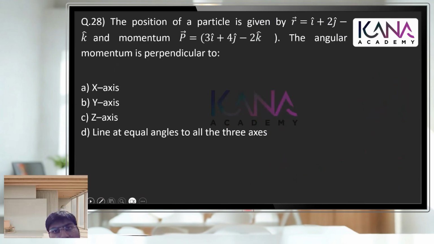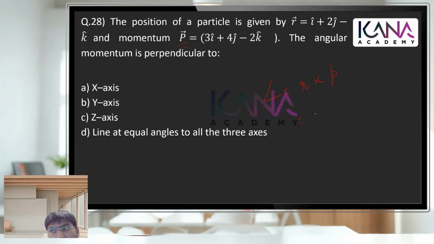Okay, the position of a particle is given by vector r, and the momentum p is given. The angular momentum is perpendicular to what? It's a vector-based question. If you have r and p, then L is the cross product of r and p.